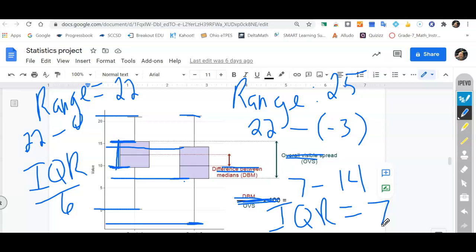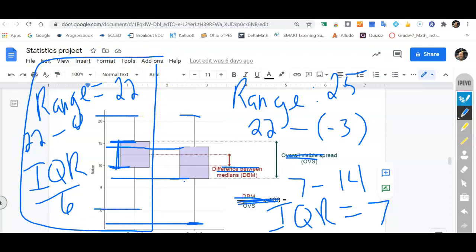Come on, people. What do you think, Bree? Which one is that? The first one you would say is more consistent or has a lower variability. How many people agree with Bree? She is correct. Yes, because it's smaller range.